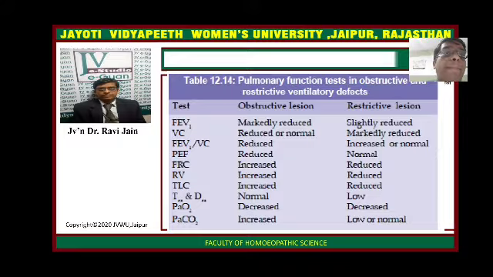The total lung capacity is increased in case of obstructive lesion, whereas it is reduced in case of restrictive lesion. Next, we have partial pressure of oxygen. It is decreased in case of obstructive lesion, whereas it is decreased in case of restrictive lesion. Whereas the partial pressure of carbon dioxide is increased in case of obstructive lesion, whereas it is low or normal in case of restrictive lesion.